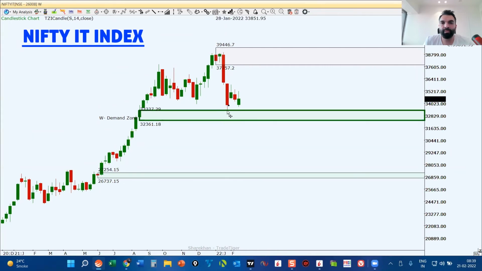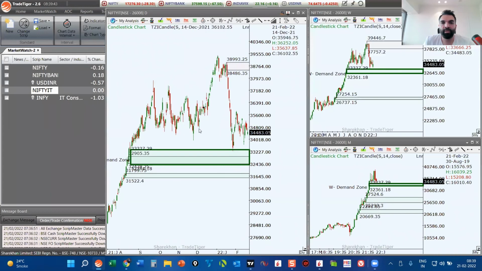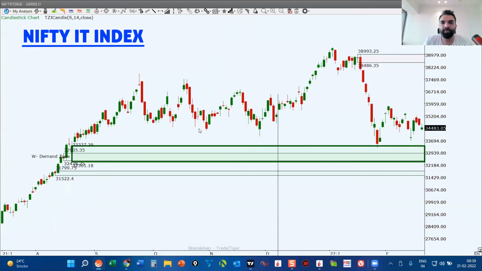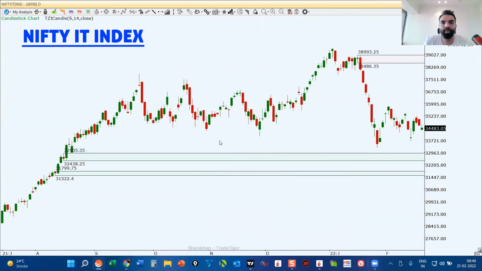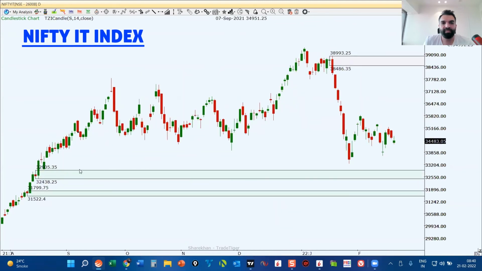So our view remains a little bit more towards the long side on the IT sector and the IT related stocks. If you look at the daily chart of the IT sector, the prices did come very, very close to that daily level of demand and have given a bounce.